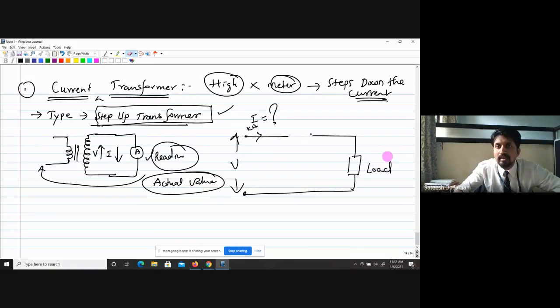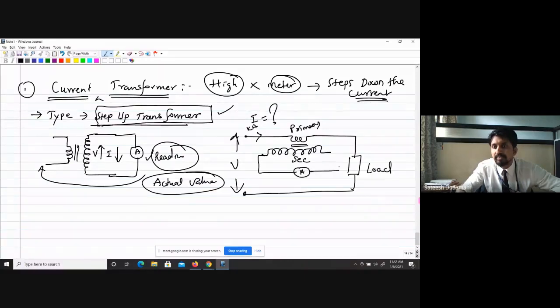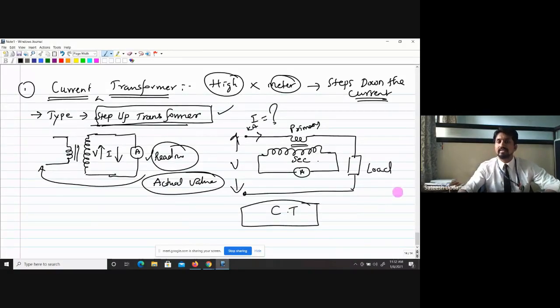The transformer will be connected here. The primary will be connected in the line. Then the secondary will be here, and to the secondary we connect the ammeter. This is the diagram for the current transformer.